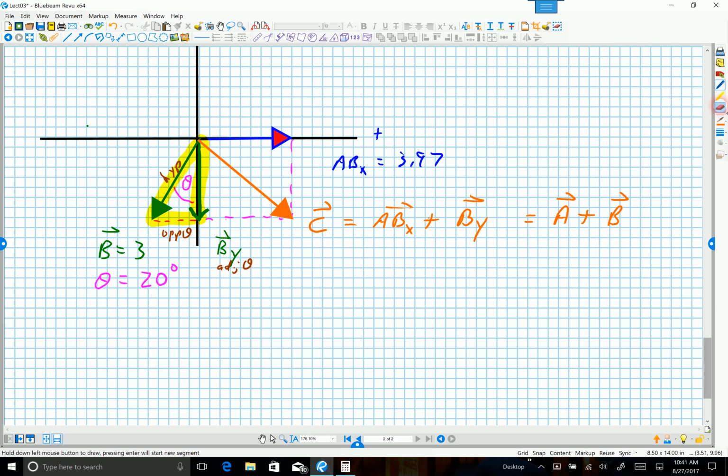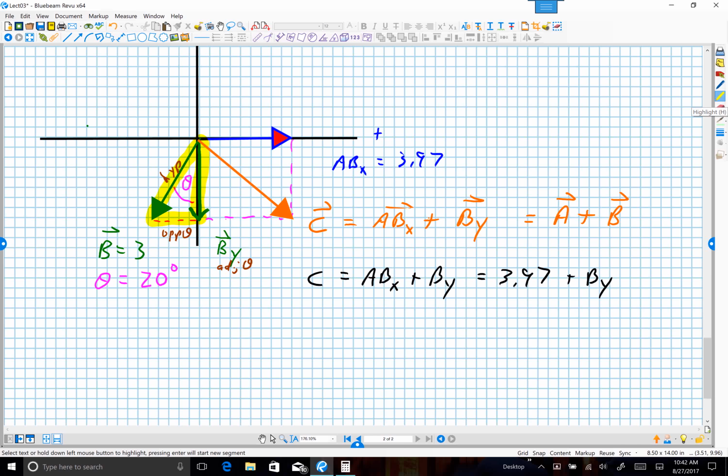So now I've got the scalar equation: ABX plus BY, which equals, now ABX we know is 3.97, and BY I don't know, but take a look at the diagram.